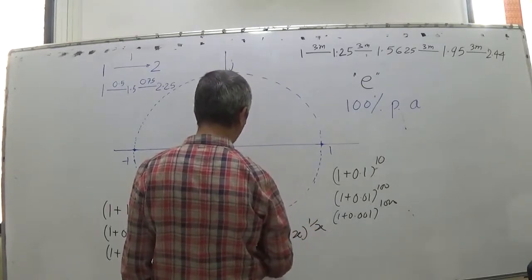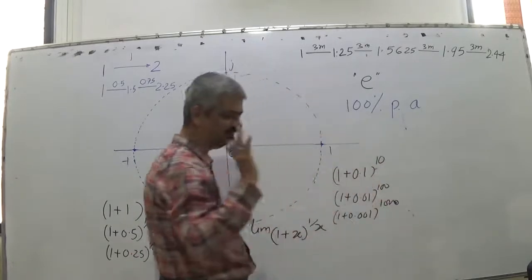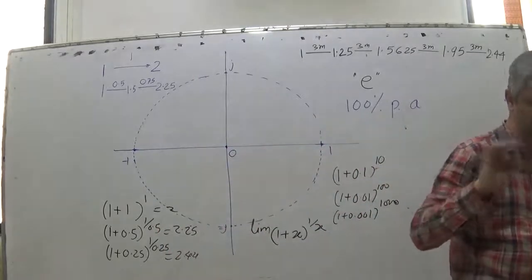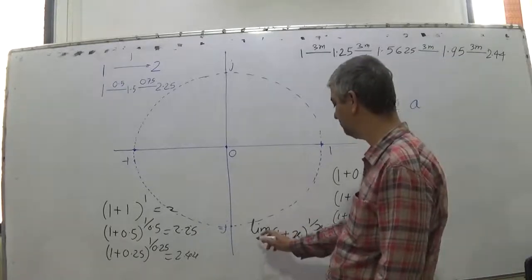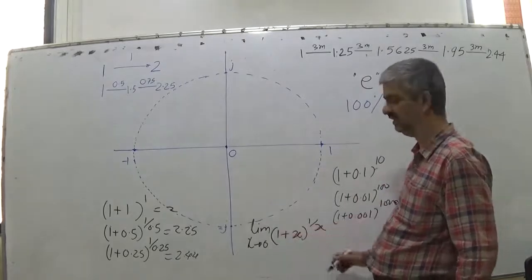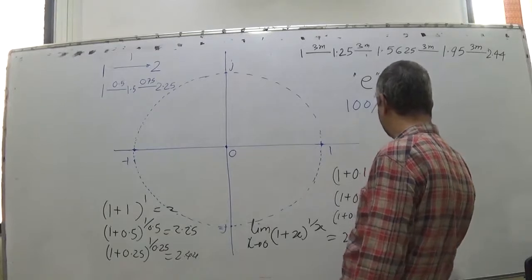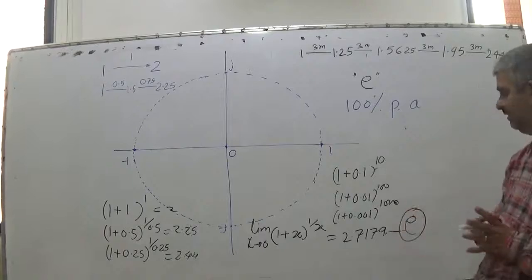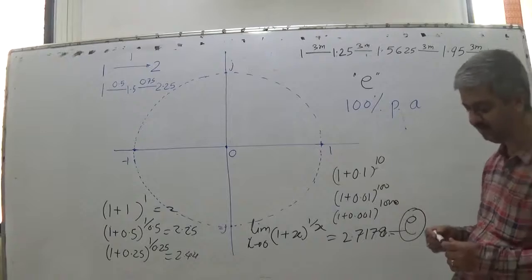The amount will not grow without bound only because you are taking interest instantly. With 1 rupee in 1 year, by taking interest instantly you can't cross Bill Gates. There is a maximum limit as x tends to 0. Even if you take interest instantly, 1 plus x raised to 1 over x is around 2.7179, and that is called the irrational number E, approximately 2.7178.